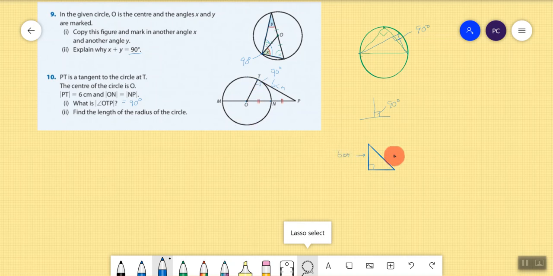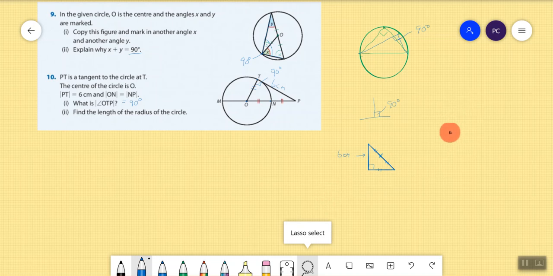Then we can break this in half like so, and this length and this length are equal to each other, and it tells us that this length here is also equal to this. So we can split this in half, and this side and this side are equal in length, and it'll also be equal in length to this side here.